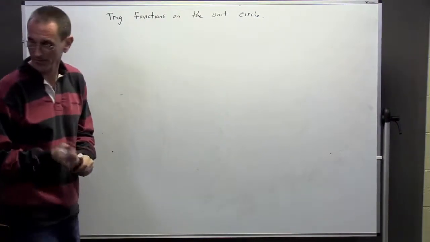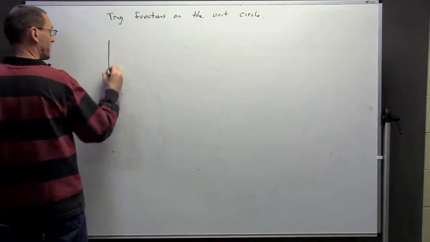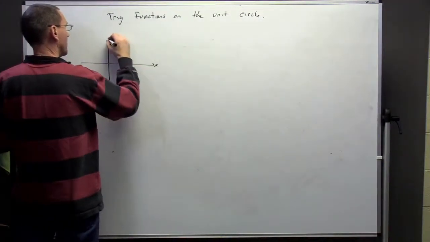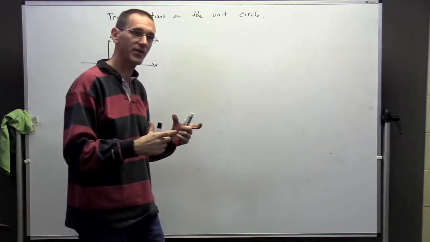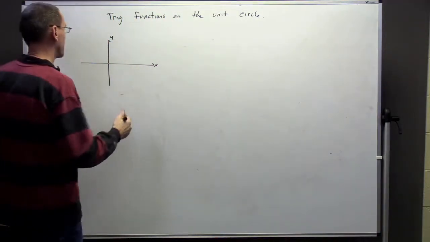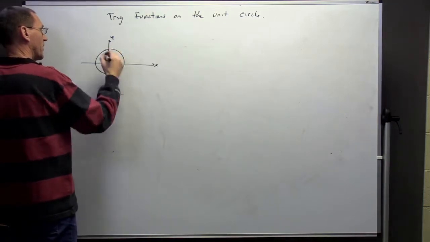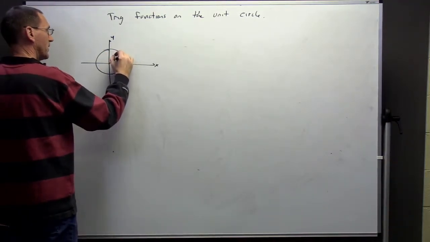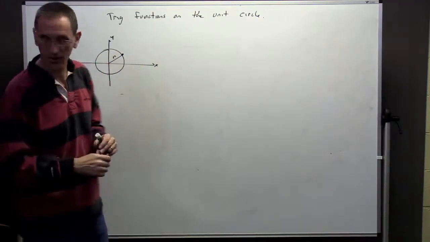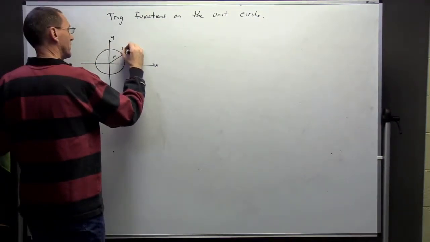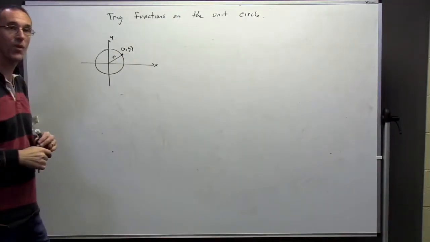Let me come over here. And the first thing I want to know is this idea of just looking at coordinates on the edge of the circle, is this a well-defined process? So think about it this way. Suppose I've got a circle of radius r, and I've got a point on here given by x, y. Okay?